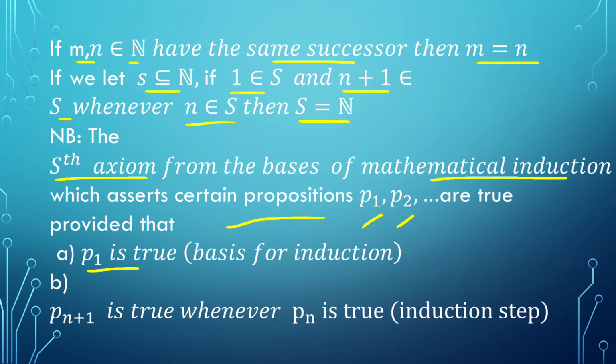The first assertion or proposition, we call the basis of induction. Then it implies that the next, n plus 1 assertion, is also true whenever Pn is true. So if you find P1 is true and Pn is true, then it implies that Pn plus 1 is also true, and that's called the induction step.